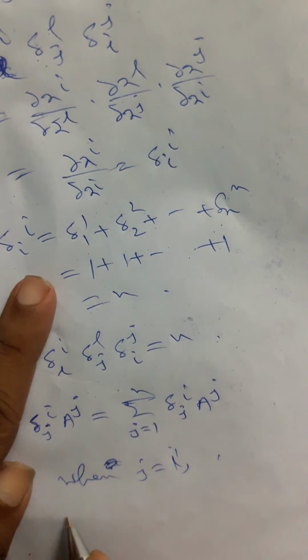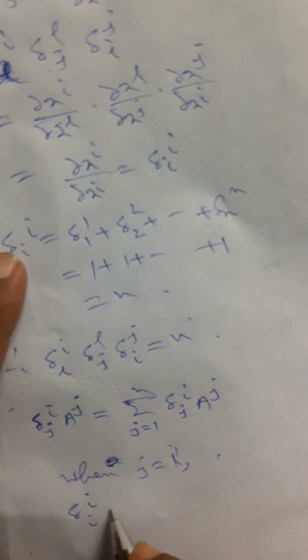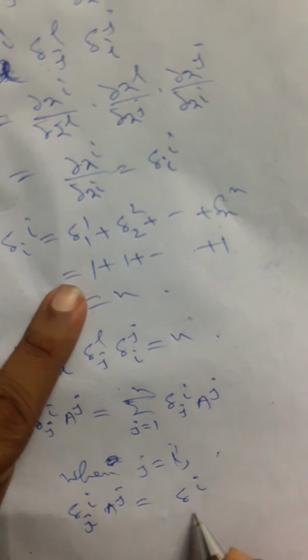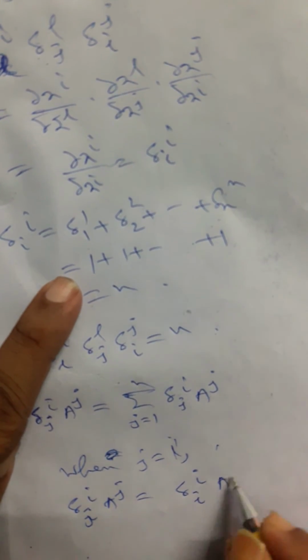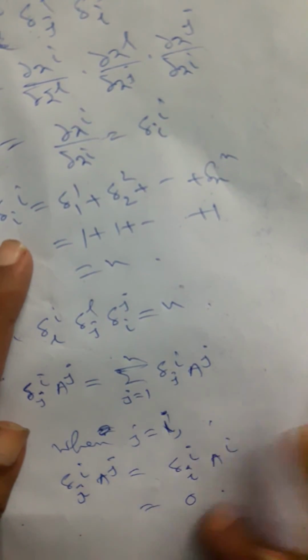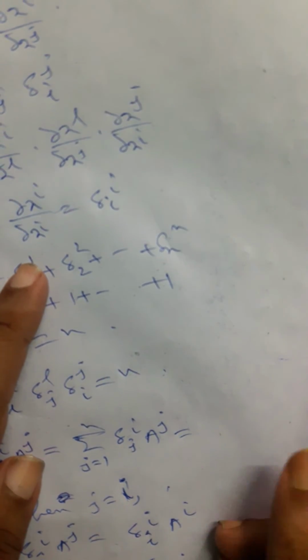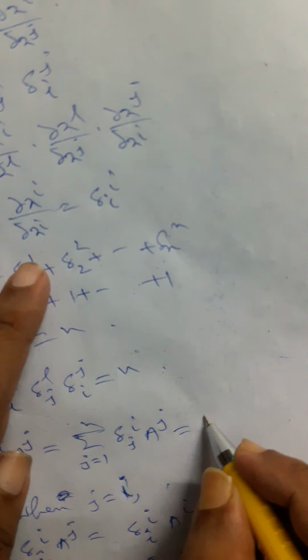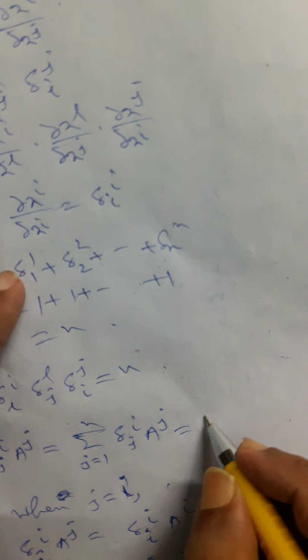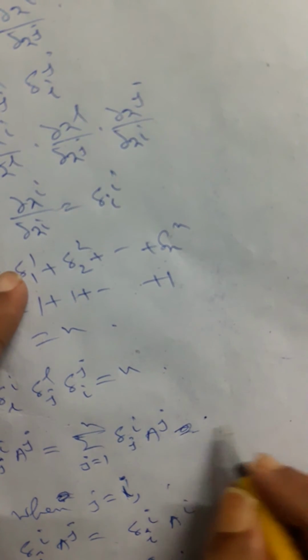we have delta_ij a_j equal to a_j, which when j equals i is a_i. This will be 1, and all other terms except j equals i are 0, because it is a Kronecker delta. Every term will be 0 except for the term j equals i.